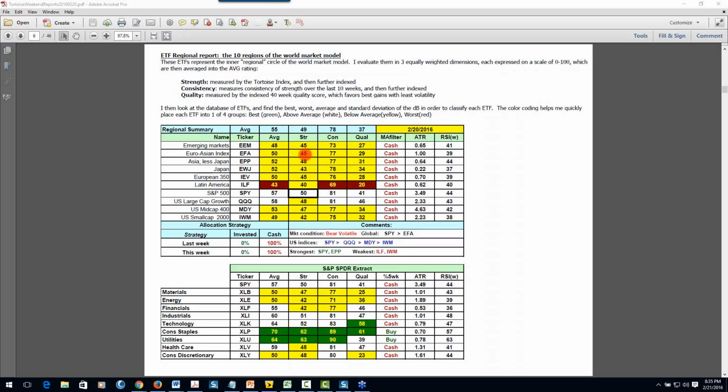So let's say I had 10 positions on, and the market went from 100% invested to 50% invested, 50% cash. And let's say that 6 of the positions were hit. So now I only have 40% invested, and I have 60% cash in the actual portfolio.